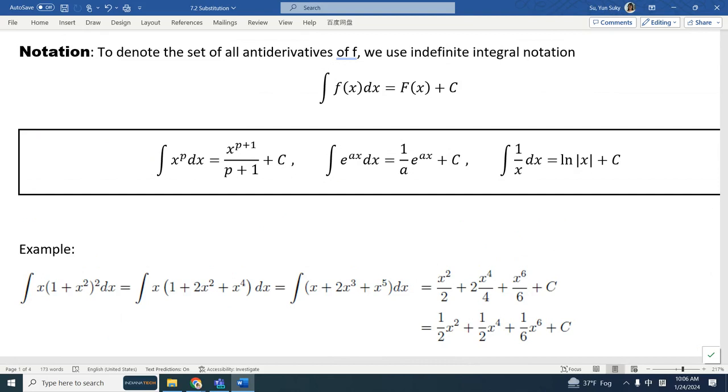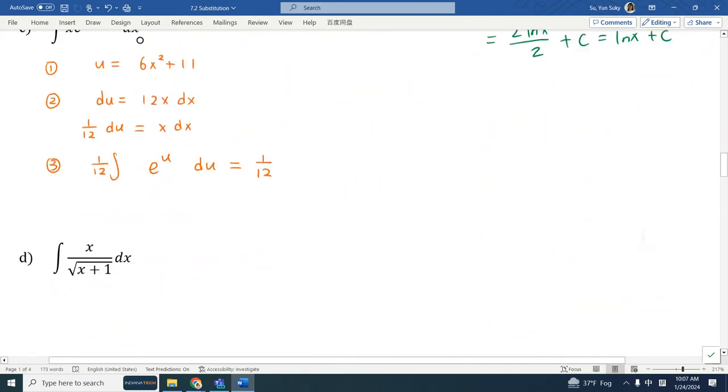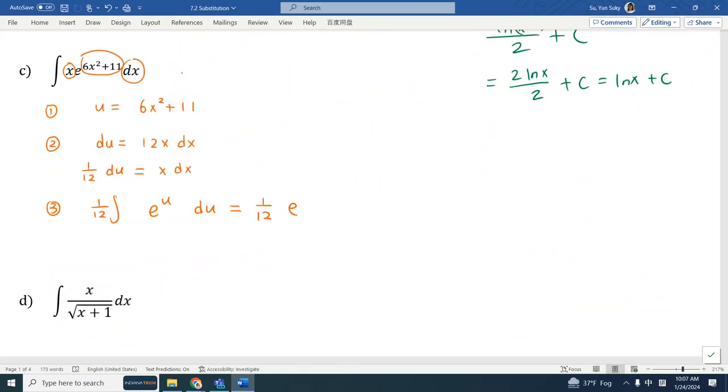Do you remember, like I said, the father looks like the son, but the father has a mustache. The mustache is 1 over ln a. But they still look alike. So the integral of e to the u is e to the u, plus C. After you integrate, don't forget your constant.